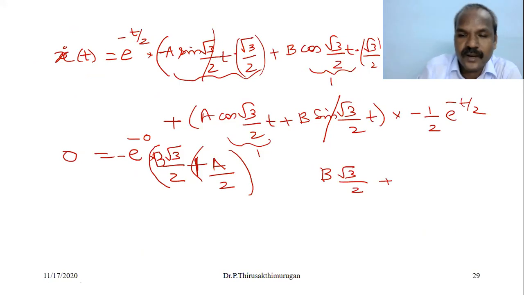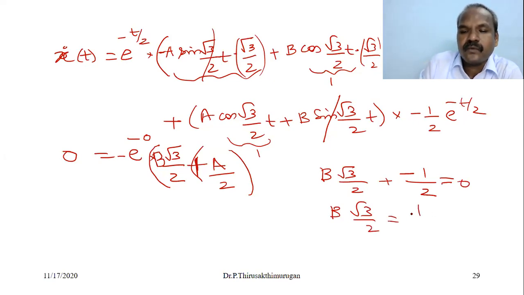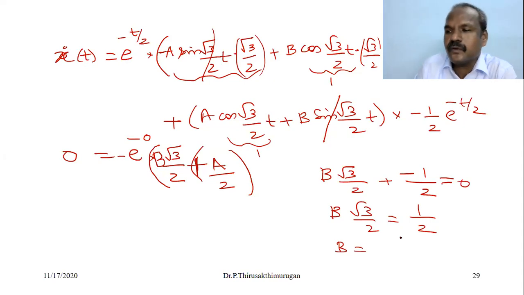A is minus 1. So B √3/2 plus (-1)/2 equal to 0. So B √3/2 equal to 1/2. So B equal to, 2 cancel, 1/√3.